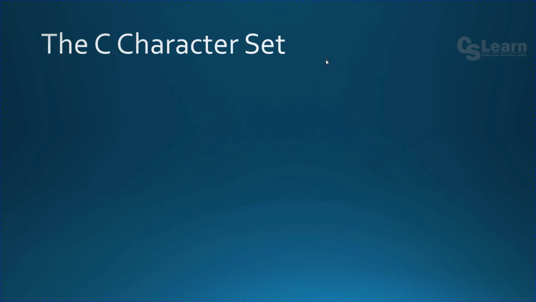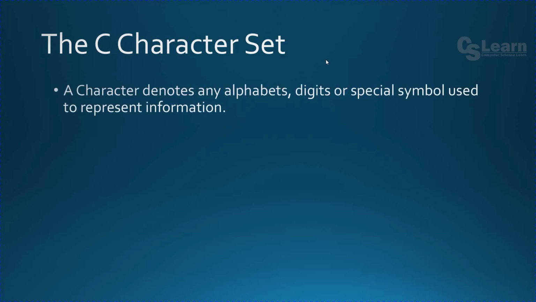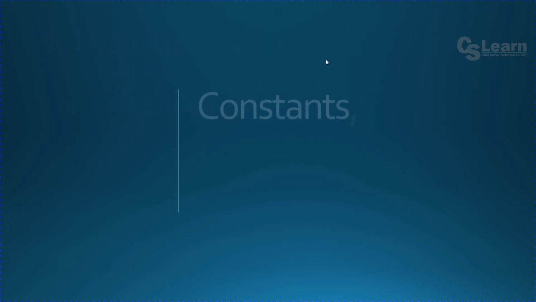In this video we are going to cover only very basic topics. Firstly, the C character set. A character denotes any alphabet, digit or special symbol used to represent information. What are the character sets used in C?